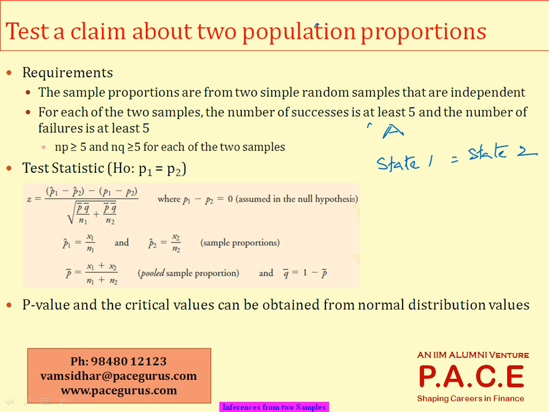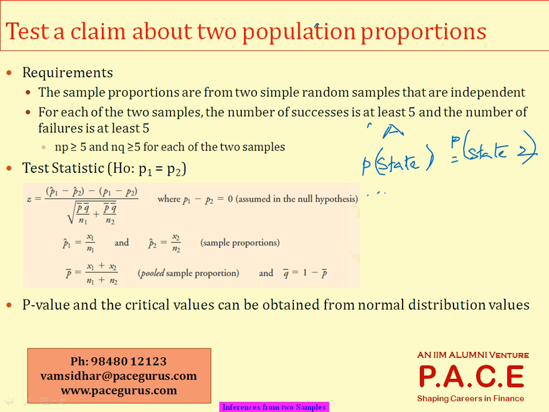That is the thing which I am looking at. This is my null hypothesis. So the proportion in state 1 is the same as the proportion in state 2. That is the null hypothesis. If I say the not equal to relationship, then it goes as the alternate hypothesis.